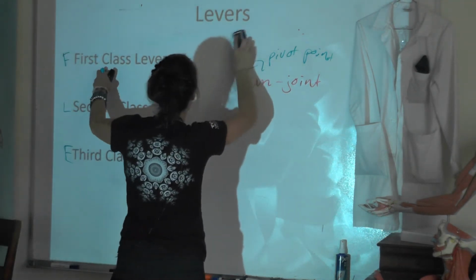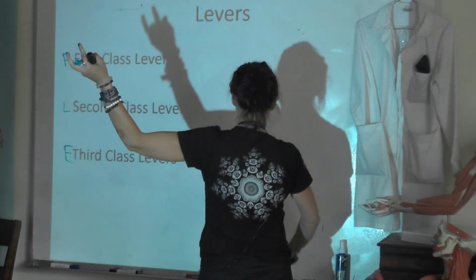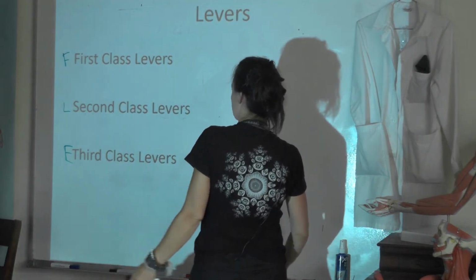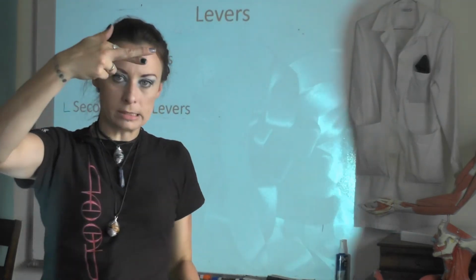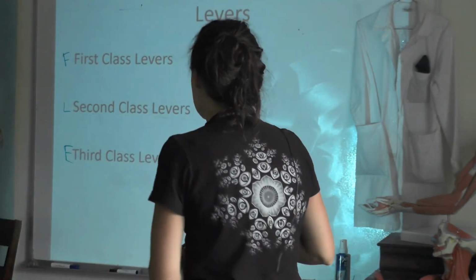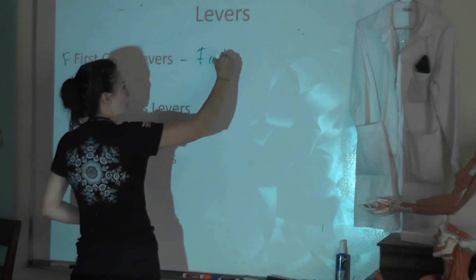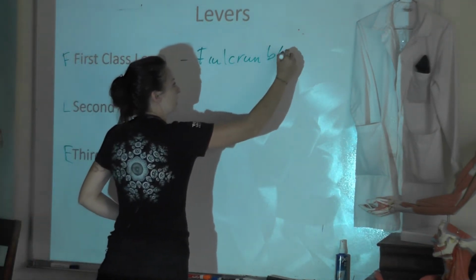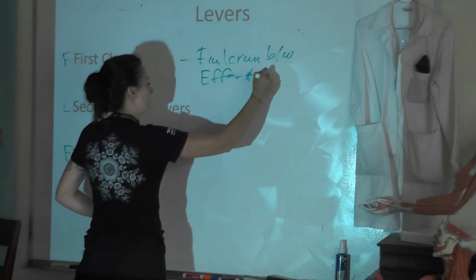An everyday, regular, not A and P example of a first class lever system is a pair of scissors, where the pivot point is the little screw holding your scissors together. In a first class lever system, the fulcrum is between the effort and the load.